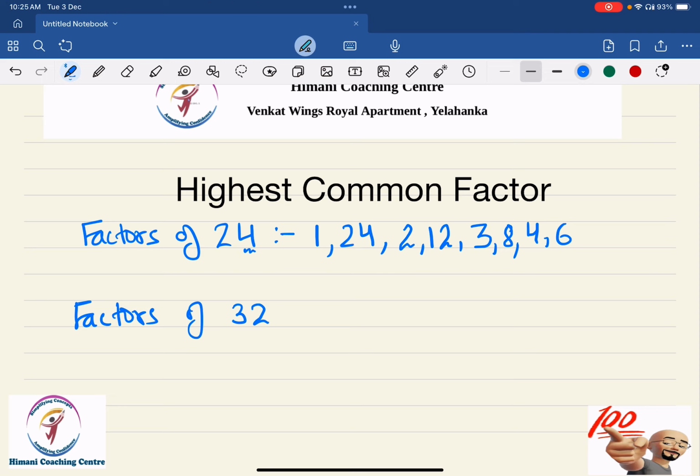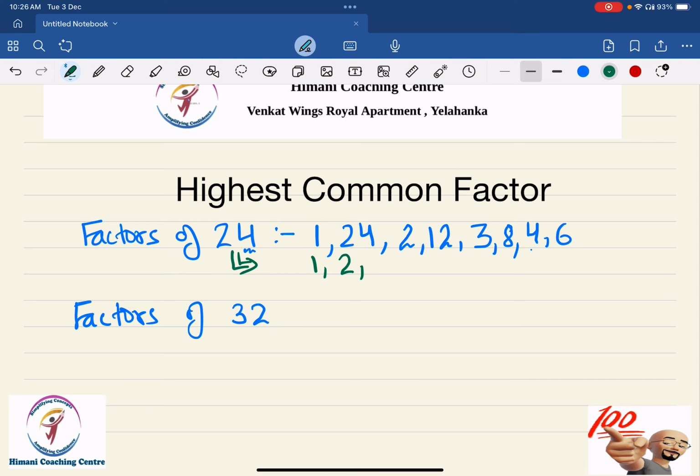Now, the table of 5 will not be there. Table of 6, already 4 times 6 is 24, so we have written 4 and 6. Now we have written all the factors. Let us write the factors in ascending order. Factors of 24 in ascending order would be 1, 2.